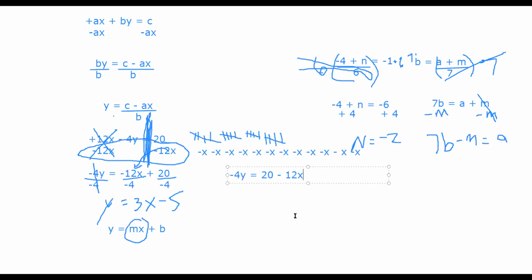But -12x is -12 times x, or 12 negative x's. It's not just -12. That's why I made the 20 here look like sticks. They don't look anything alike. The example I use all the time is apples and oranges. You go to the grocery store, you buy a bag of apples and a bag of oranges.